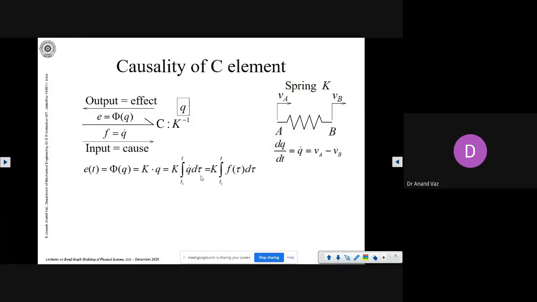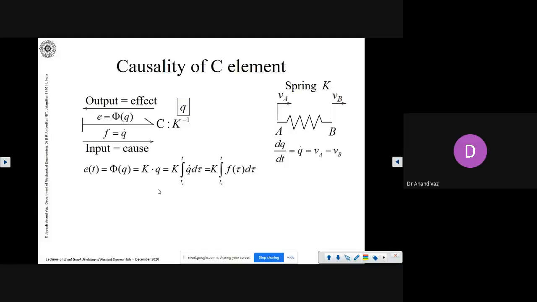And this is equal to k into q if the spring is linear. If it is non-linear, then it will be the integral of that non-linear function. And this is going to be a function of the generalized displacement q. In this case, it's a linear function. So you get the effort as a function of the generalized displacement.